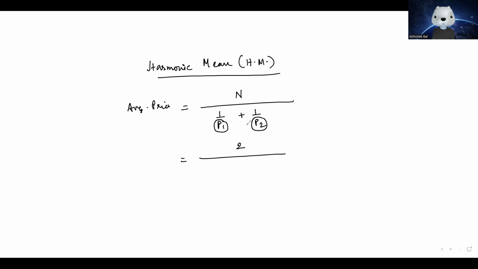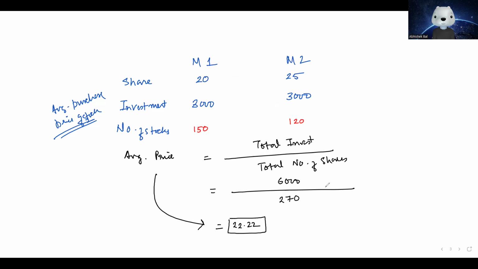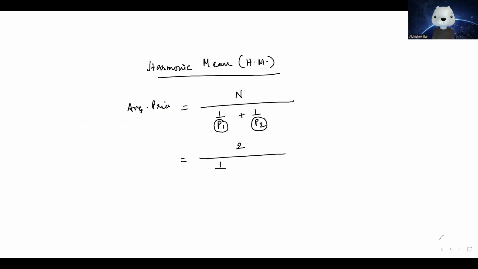So it is 2 divided by, one share would cost 20 rupees, 20 bucks in month 1 and 25 by month 2. Let's do the calculation out here as well. It's equal to 2 divided by 0.09.